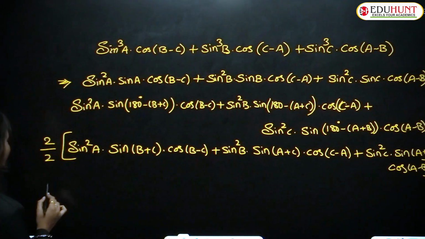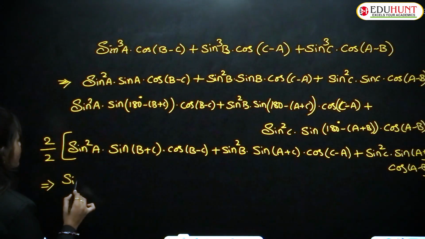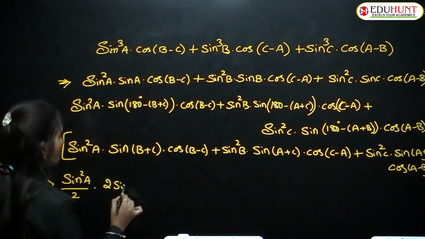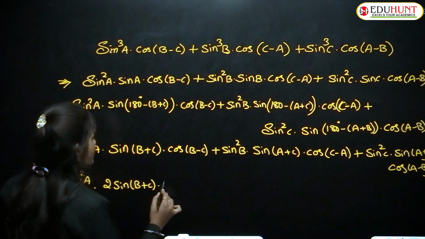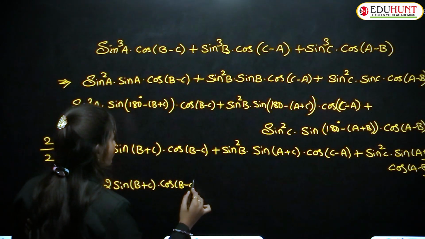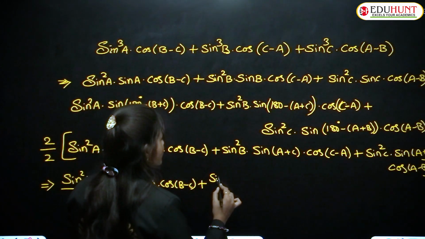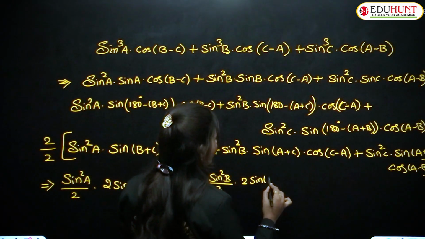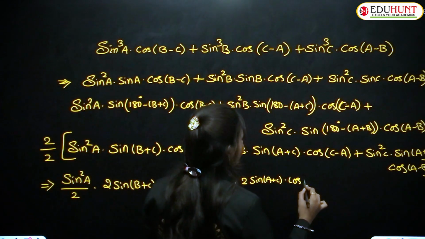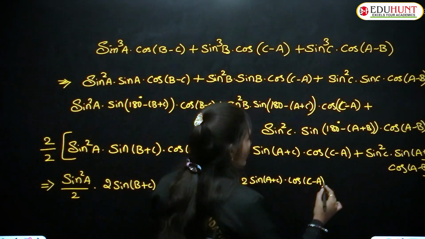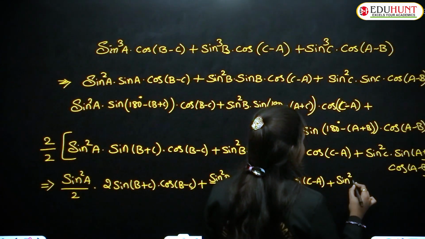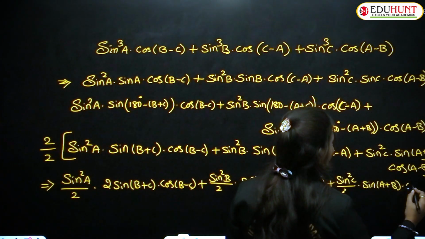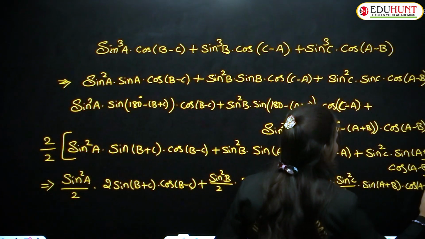So from this one, we can write this as sin square A by 2 into 2 sin of B plus C into cos of B minus C, plus sin square B by 2 into 2 sin of A plus C into cos of C minus A, plus sin square C by 2 into 2 sin of A plus B into cos of A minus B.